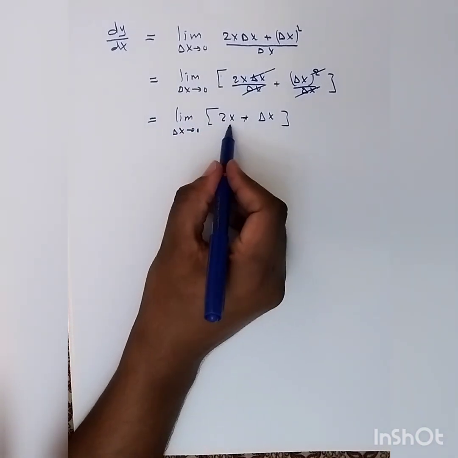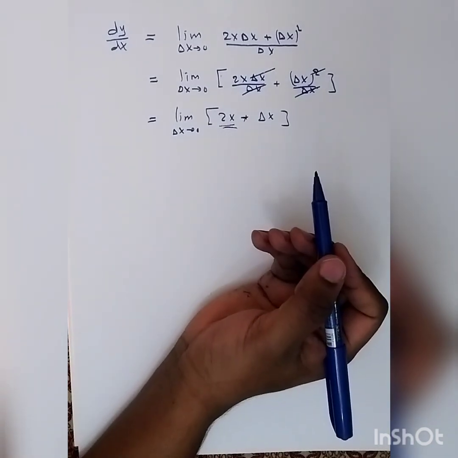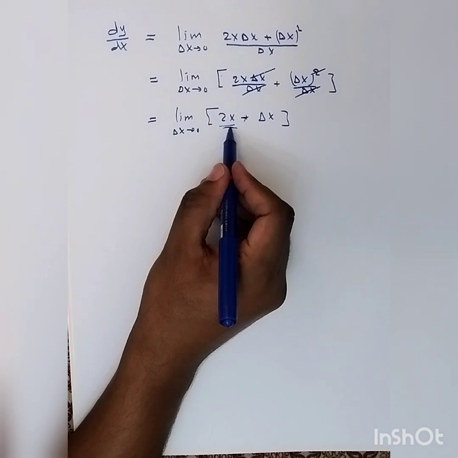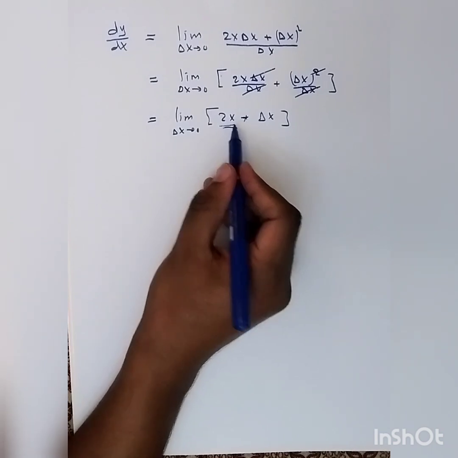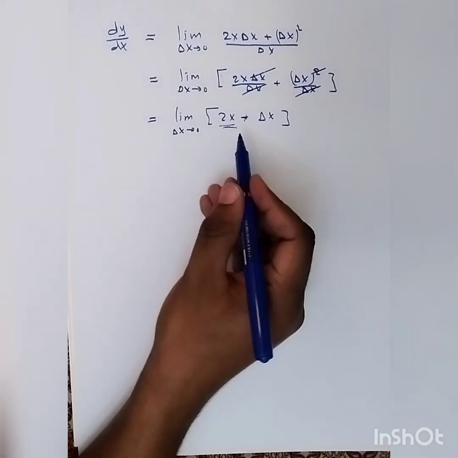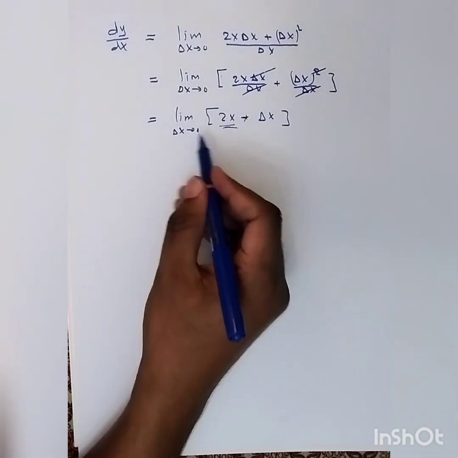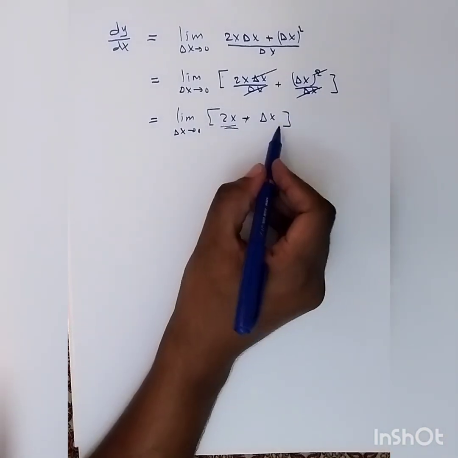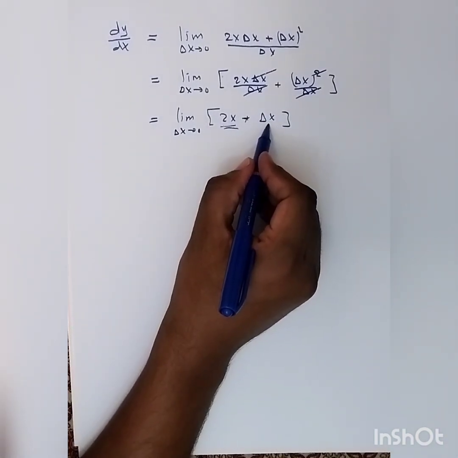So now we look at the first term, we don't have delta x, so that means we don't care about this term. There is nothing to substitute, so it's just like a constant in the limit. Of course it is not a constant, but usually we treat it as a constant in this case. But now only we substitute delta x equal to 0.